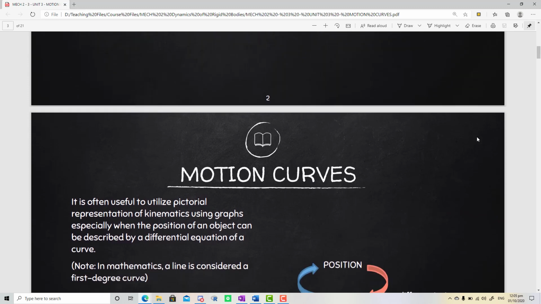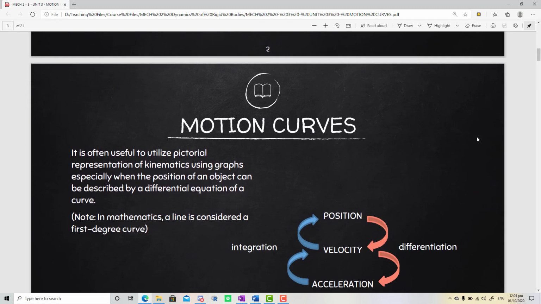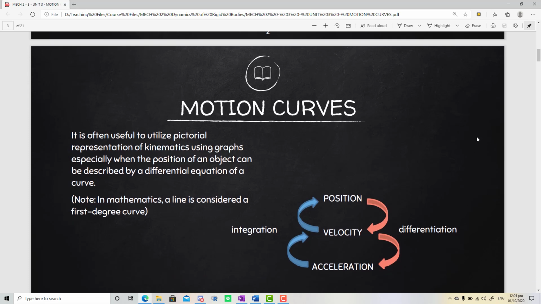So what are motion curves? It is often useful to utilize pictorial representation of kinematics using graphs, especially when the position of an object can be described by a differential equation of a curve. Note that in mathematics, a line is considered a first degree curve. As the curvature increases, the degree of the curve also increases. So a parabola is a 2-degree curve and it increases in degree.